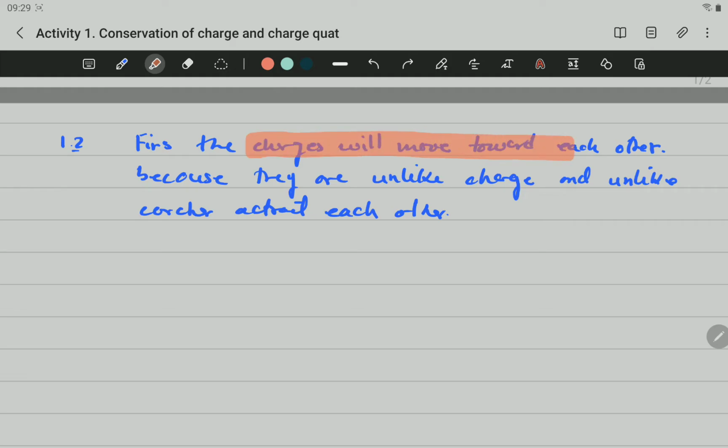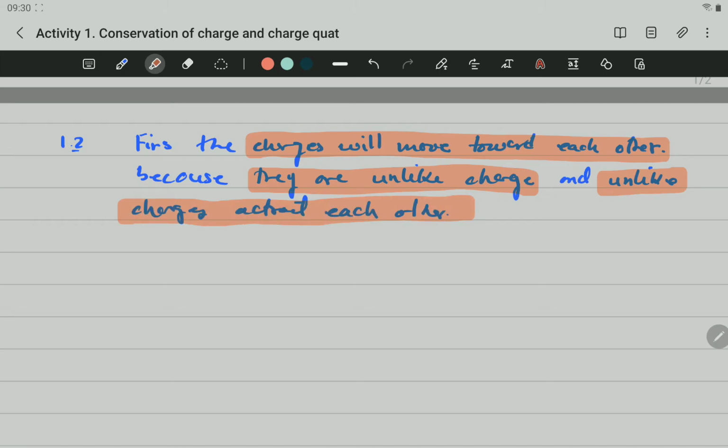You don't have to explain the why, you have to explain the event, but let's say why they are moving towards each other: because they are unlike charges, and unlike charges attract each other. That is the first thing that is going to happen.